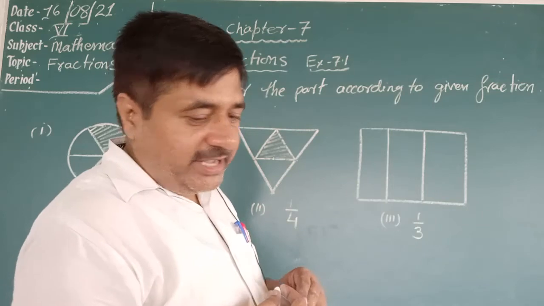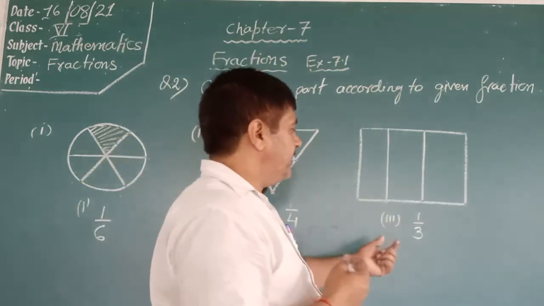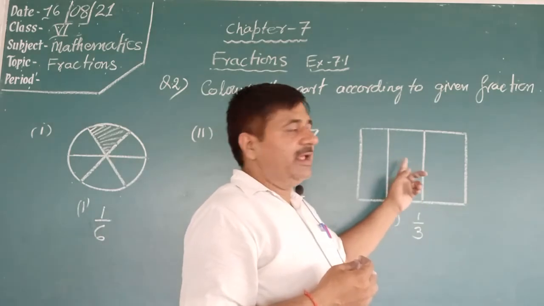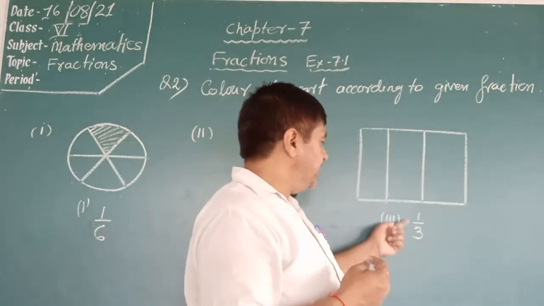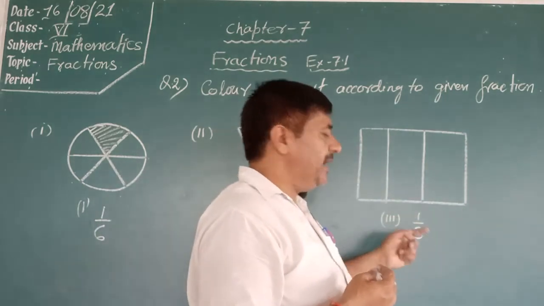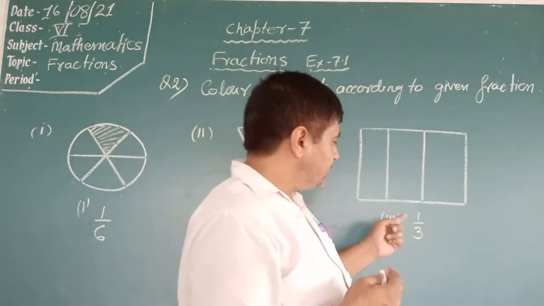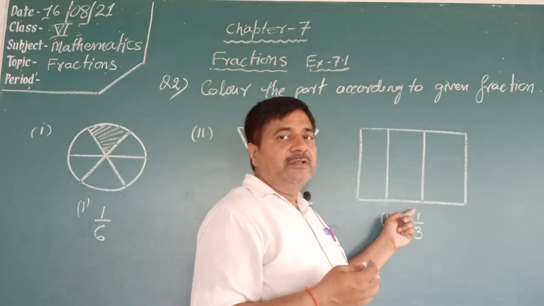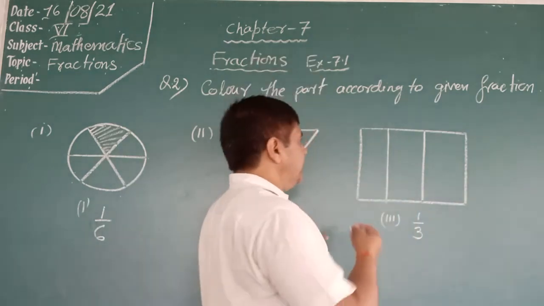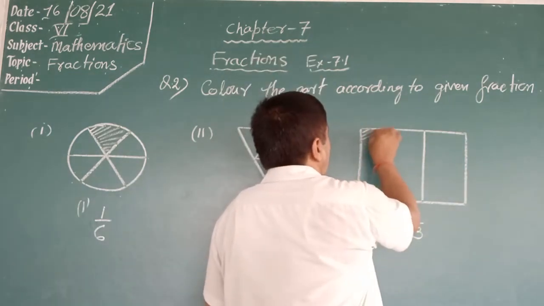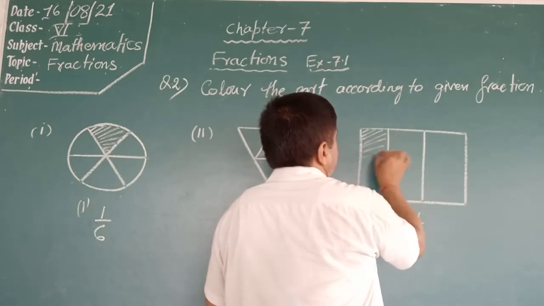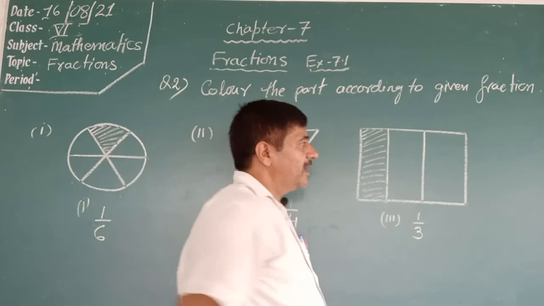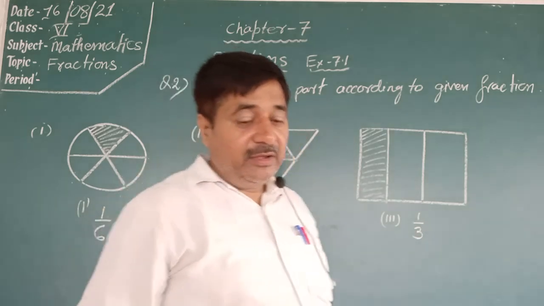Okay, suppose the third part is given. This is a rectangle, and the rectangle has three parts, so the fraction is written 1/3. That means in the numerator write a 1, then you shade one part of this figure, then it is 1/3.